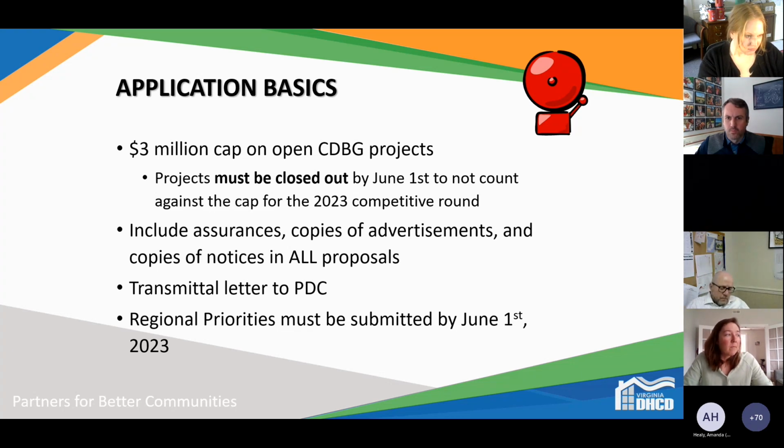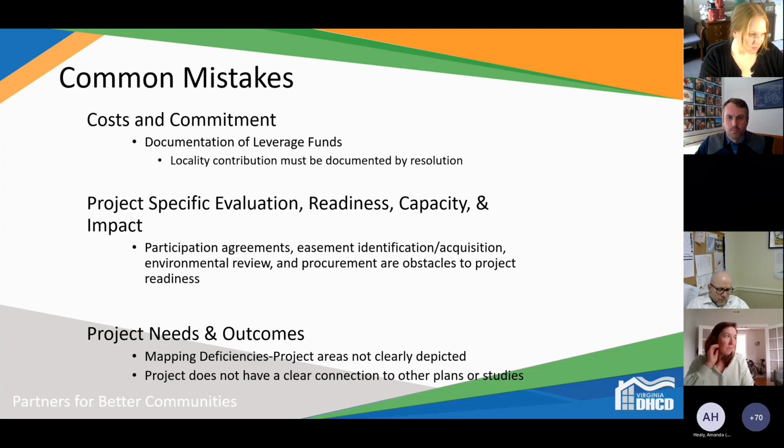And for PDCs or localities, the PDCs will submit the regional priorities by June 1st, and those will be sent out either later this week or next week, so be on the lookout for that.